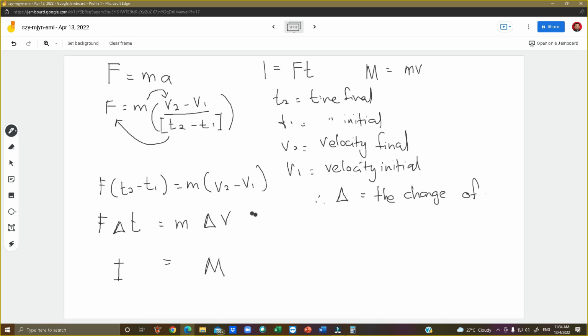So by knowing this, you know that I equals to p. Itu yang pertama. Yang kedua, F delta t equals to m delta v. Ni benda atas. Yang ketiga, since I equals to p, I also equals to m delta v and p equals to F delta t.